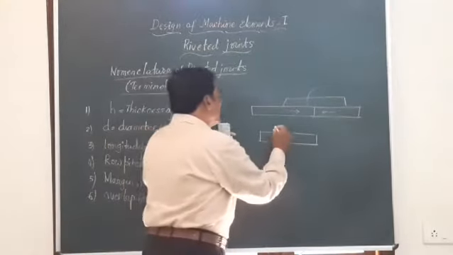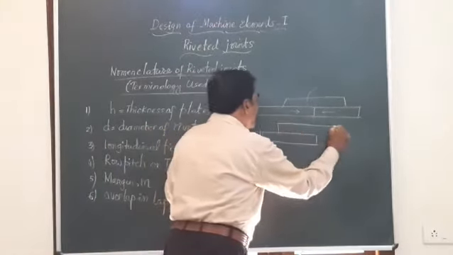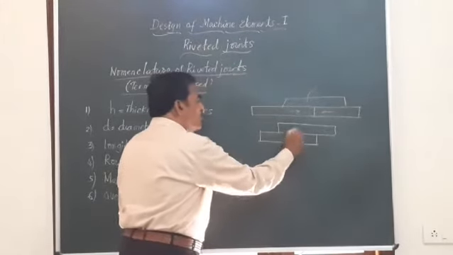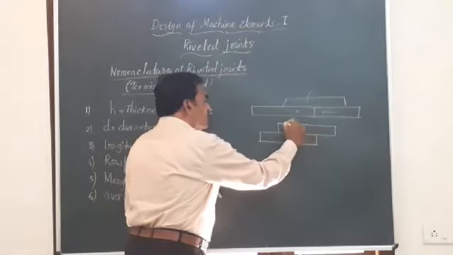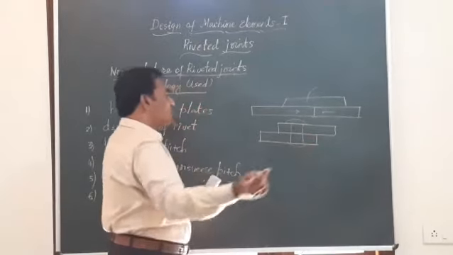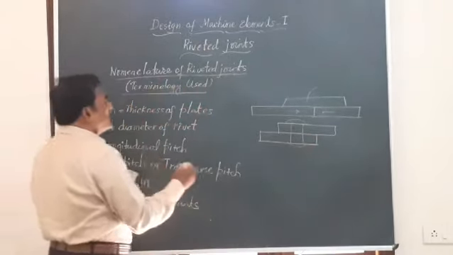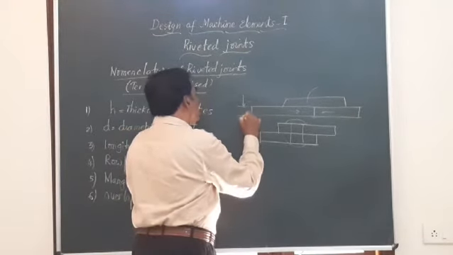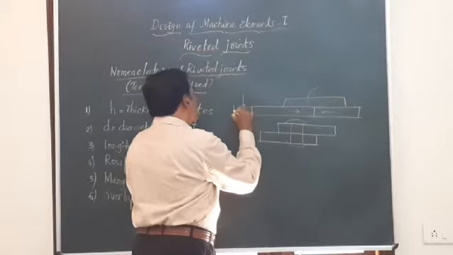In a lap joint, the plates to be joined are lapped one over the other. These are plate number 1, plate number 2, and these are joined by means of a number of rows of rivets. So the thickness of the plate is that thickness H, which is also represented by small t in some of the books.